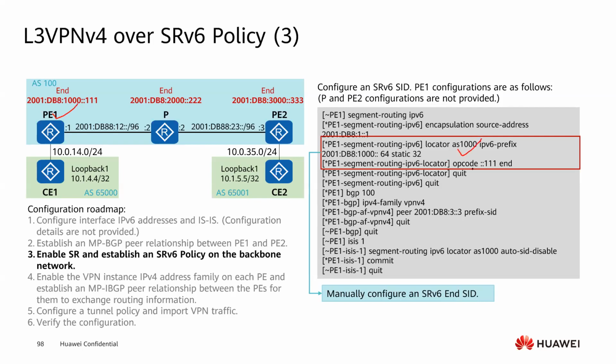Set a locator, set the opcode, set the source address, and then in PE1, establish a neighbor with PE2, and use ISIS to advertise the locator.